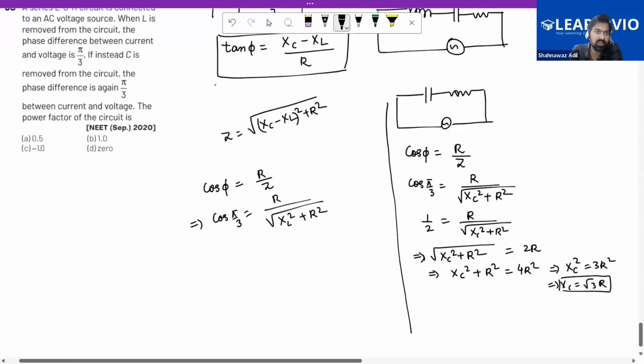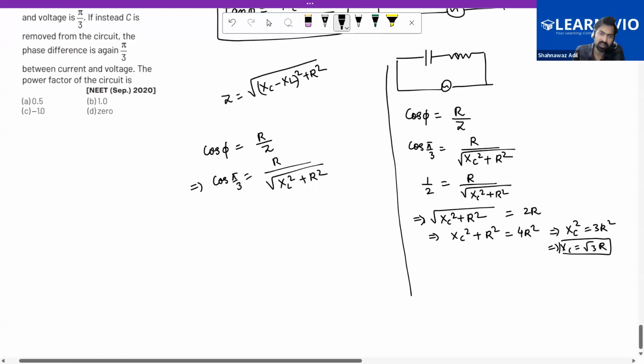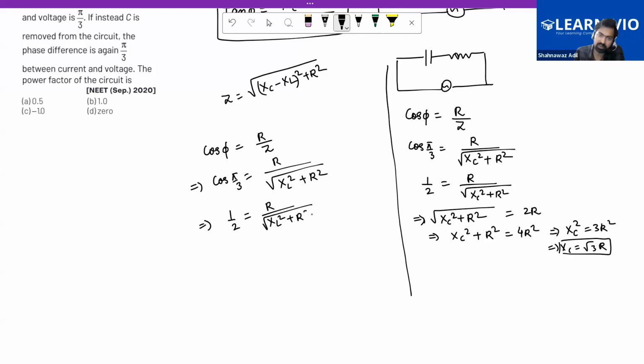We have removed the capacitive part. So again this is 1 by 2, equal to R divided by the square root of XL squared plus R squared. Again we take this to the other side, and this is 2R. Again we square it, and then the final answer would be XL equals root 3 R.